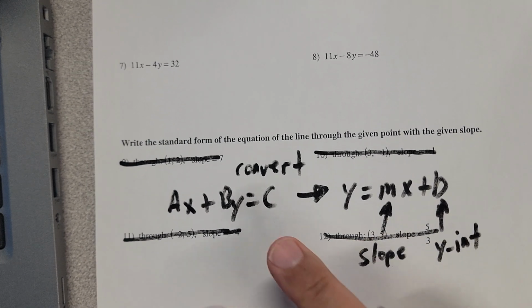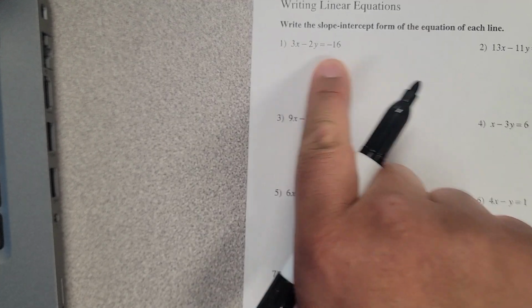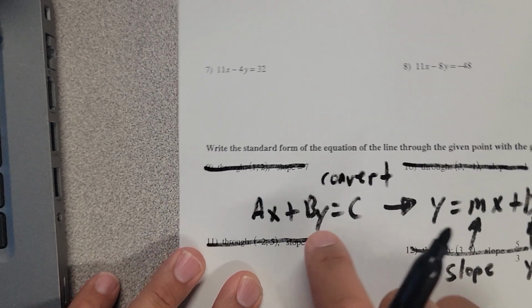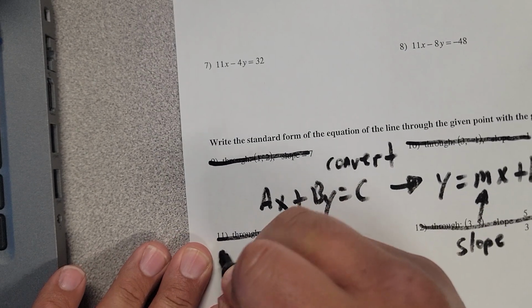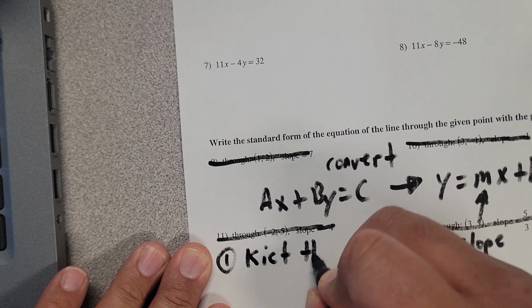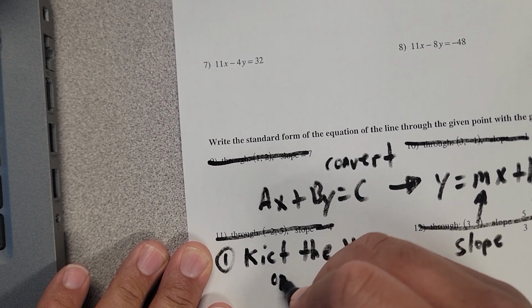Okay, so it takes 2 steps to convert this from this to this right here. Notice how it's x, y, and then a number constant. So a, b, and then c is the constant. Step 1, I want you to write down kick the x, and this is going to be opposite.